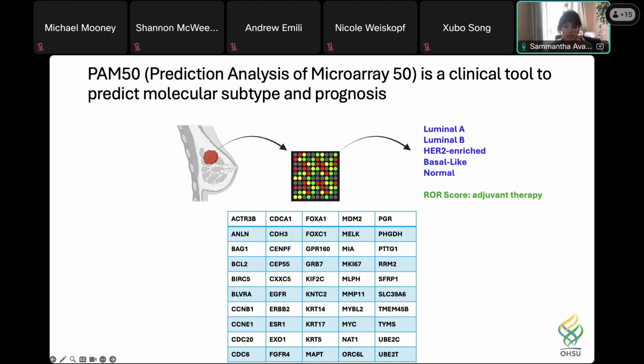How this is done, they first measure the expression levels of 50 genes that have been significantly linked to breast cancer prognosis, and we can see these 50 genes in our table at the bottom.